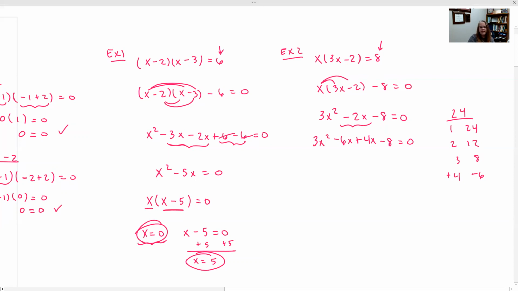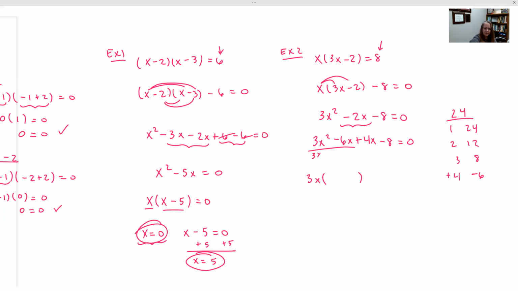Now that I have 4 terms, I can factor this by grouping. So I'm going to look at these first 2 terms. What is my greatest common factor of those first 2 terms? It's 3x. And then I'm going to write down what's left when I factor that 3x out of each one of those terms.